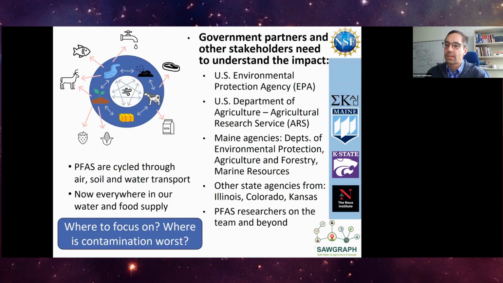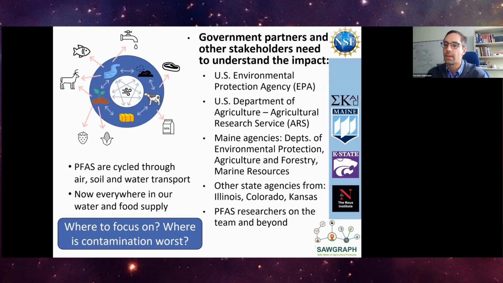So PFAS can be released via various mechanisms into the environment. For example, when you throw things away, when you wash things like your water repellent clothing or your nonstick pans, PFAS ends up in the environment, or wherever PFAS is produced or handled, it might be released into the air.